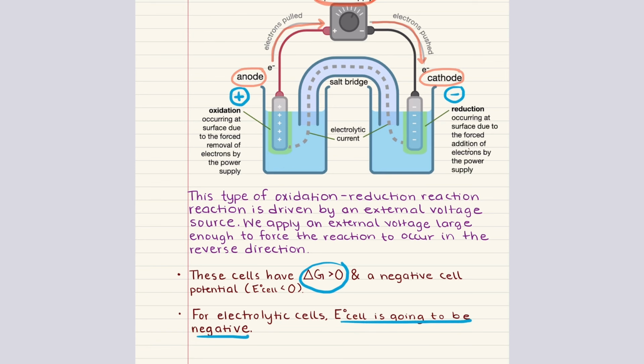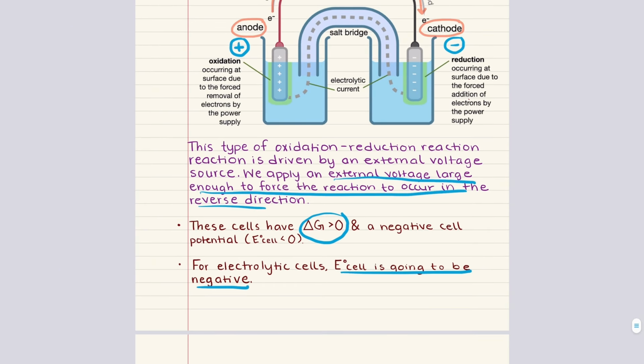The only reason it proceeds is because we are supplying an external voltage that's large enough to overcome that thermodynamic barrier. In problem types for this objective, make sure to be careful in your assignment of the anode and the cathode because that will play a huge role in how you calculate E cell.